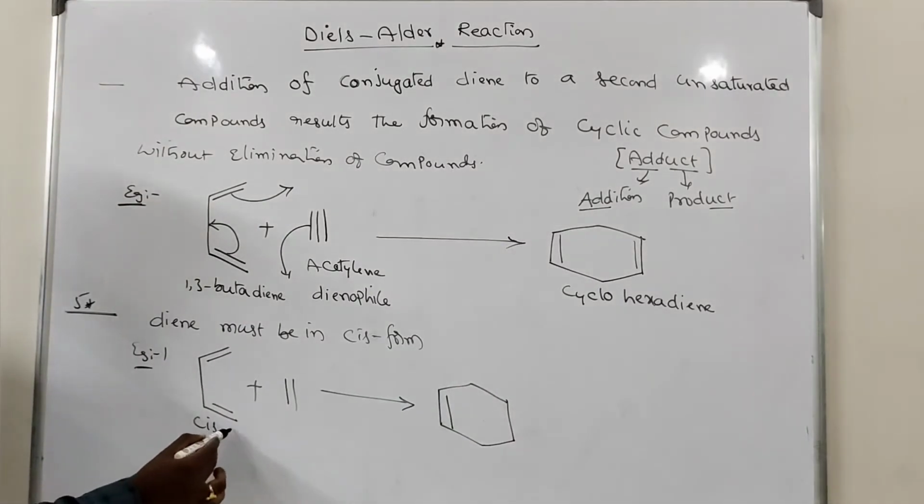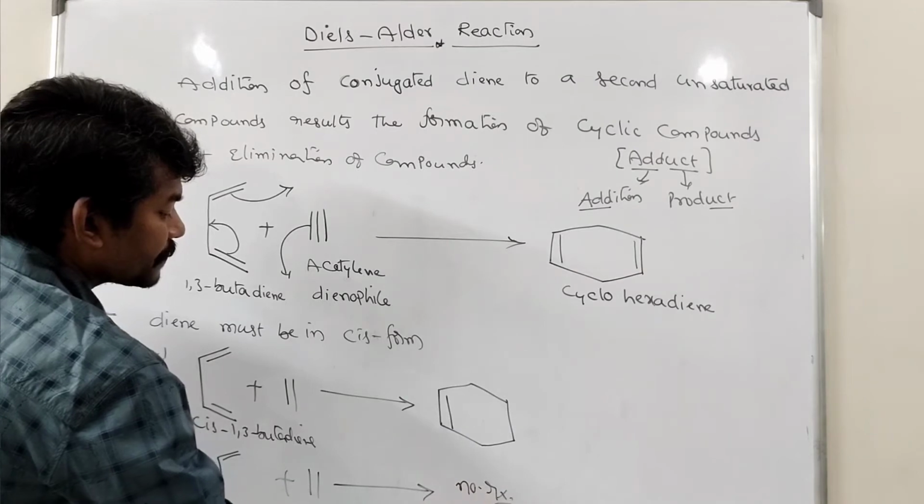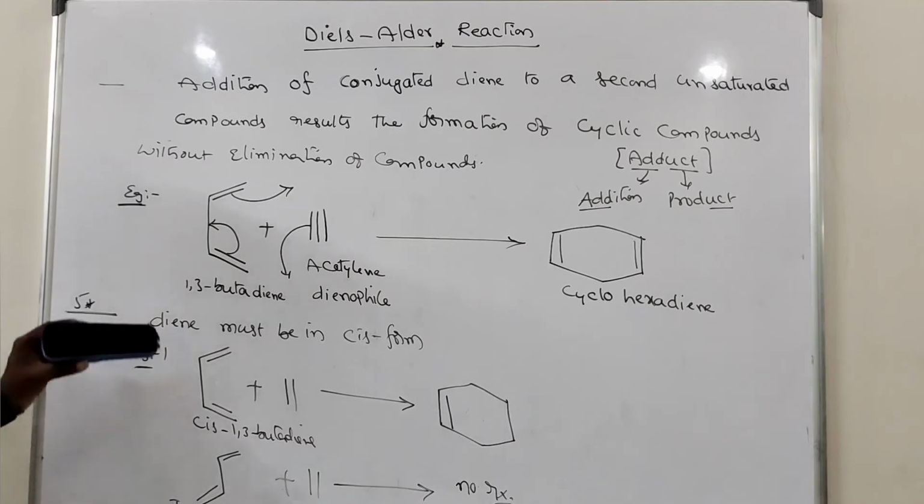This is trans 1,3-butadiene plus ethylene. No reaction. There is no reaction because a stable 6-membered ring or cyclic compound is not formed in this case. So the diene must be in a cis form.